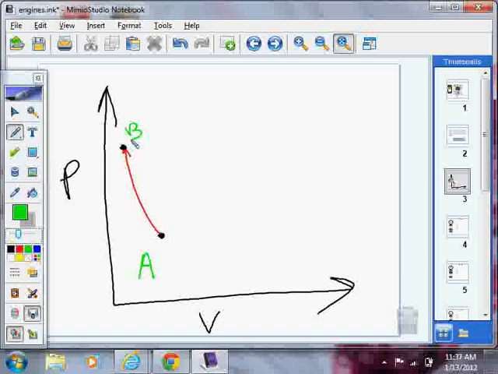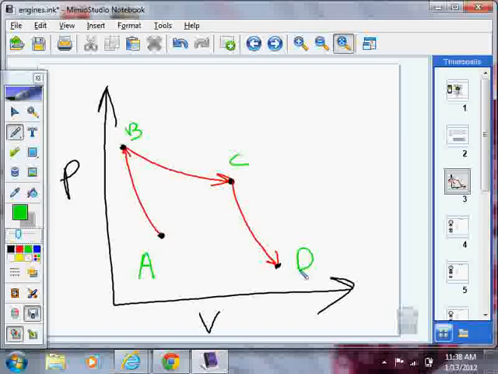And then conditions are going to change again, and it's going to go through another thermal process to another point, maybe point C, and then it's going to go through another thermal process to another point, point D. But if it's an engine, it always ends up going back to the original point.